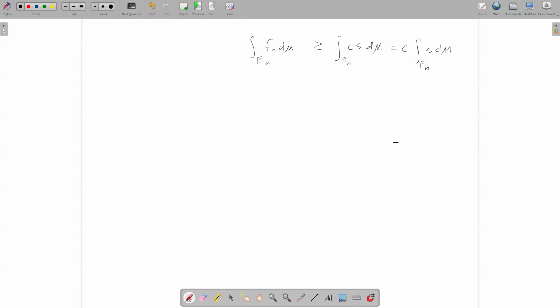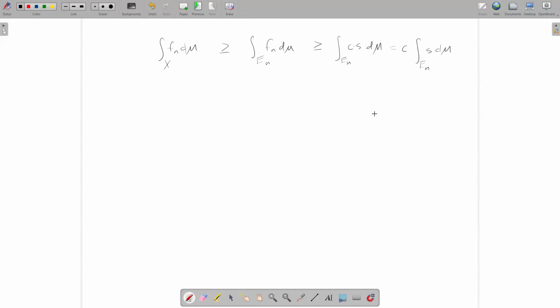But on the other hand, if we integrate f_n over a larger set, then all we do is increase the size of the integral. I think that's easy enough to see. Okay, so now we have that for all n.